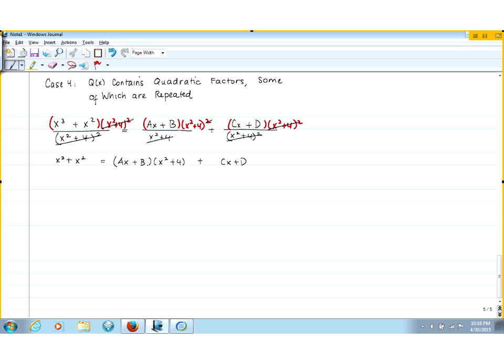If we choose x equals 0, then we will have B and D. If we choose x equals 1, anyway, we probably had better use method 2 here, or you could use a combination of method 1 and method 2. It doesn't matter. But let's just choose method 2 here. We distribute and then equate the coefficients.